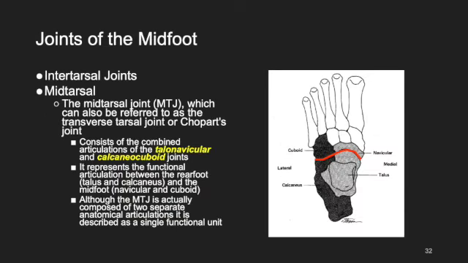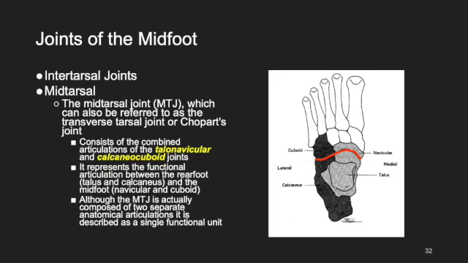So now looking at the midfoot, what we're going to notice is that we're going to have some midtarsal and intertarsal motion here. Remember that midfoot is going to be my navicular, my cuboid, and my cuneiforms. So understand where that midfoot joint is and understand where those joints are.